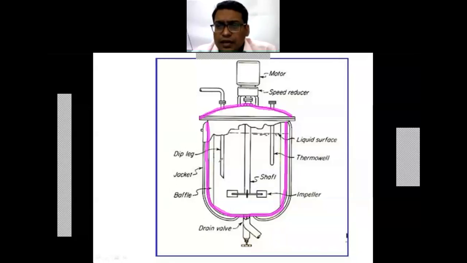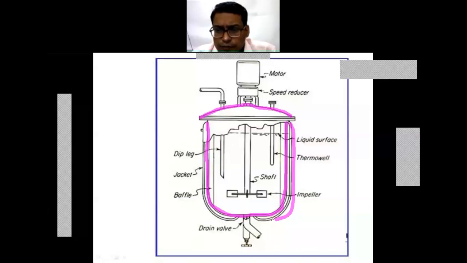Then there can be the jacket associated with this. This is the heating jacket which is provided around this vessel. I have provided the jacket around this vessel for supplying the heating fluid.